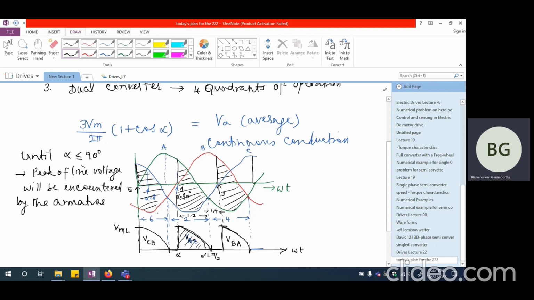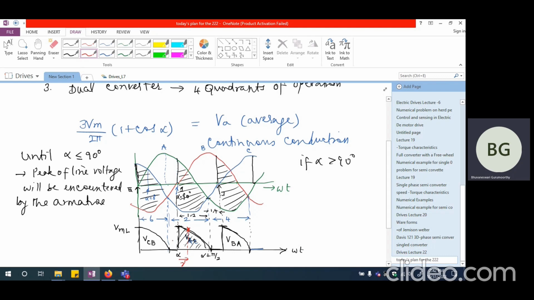Whereas if alpha becomes greater than 90 degrees, so let us say alpha is 90 plus 30, 120 degrees or something like that, then the conduction itself is going to be delayed by so much of time duration. So if it is delayed by some angle gamma, this voltage is going to start from Vm sine alpha plus gamma.